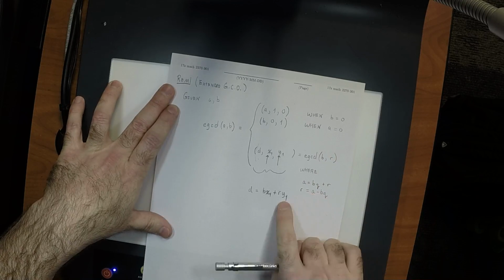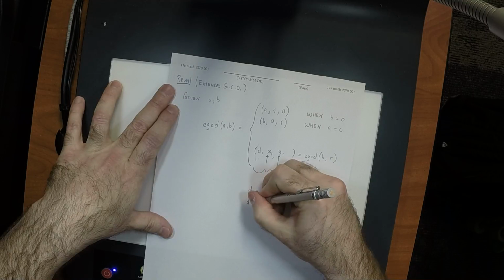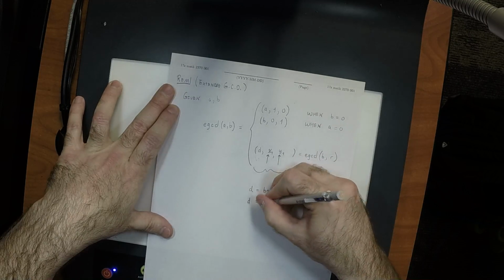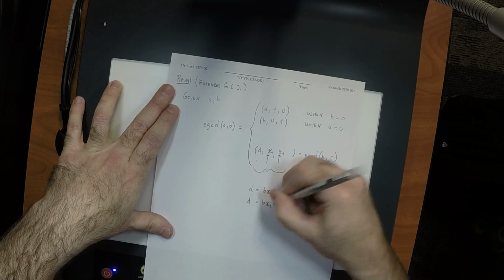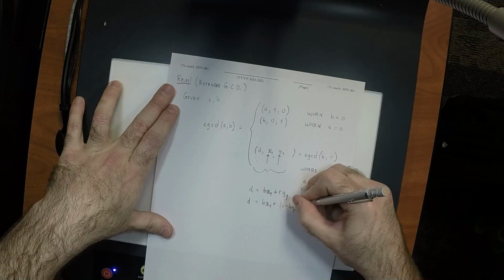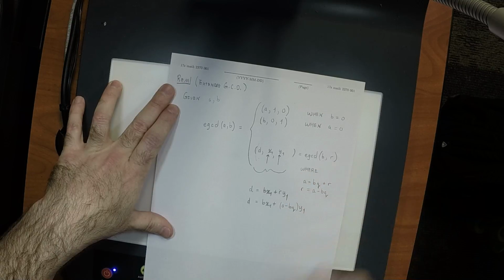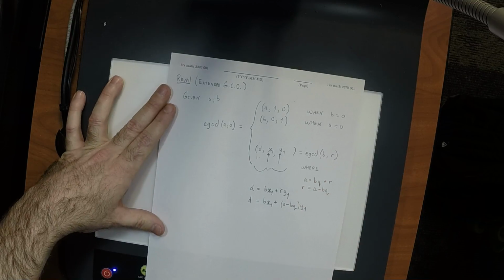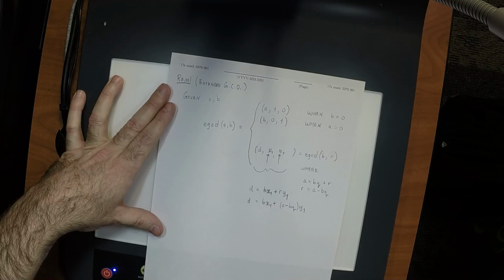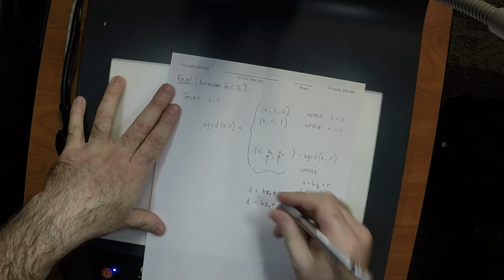And now we're going to put this R in here. So D is BX1 plus (A minus BQ) Y1. So now what we need to do is solve for the coefficients on A and B. So let's multiply this out and collect.